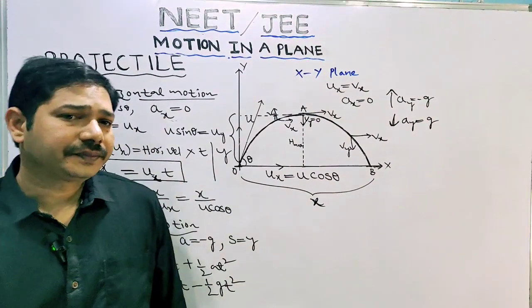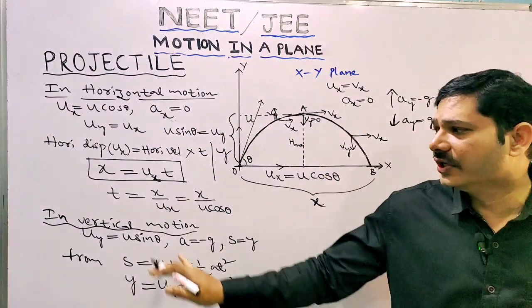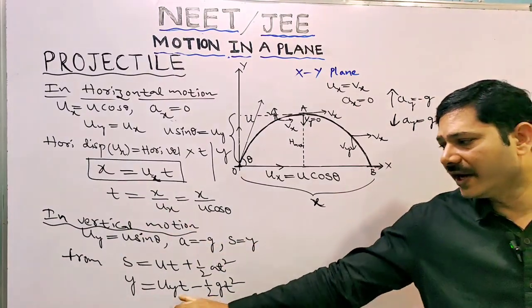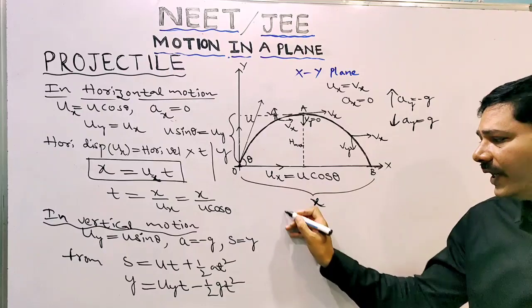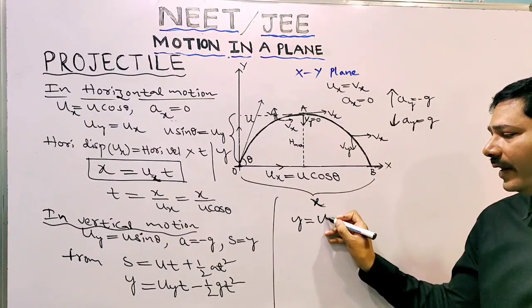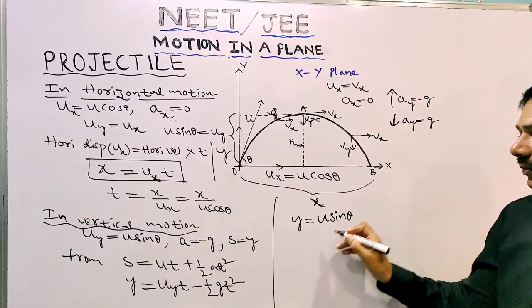Now observe here, the t value we got from horizontal motion, I am substituting in this y formula. Y equals uy, which is u sin theta, into t.